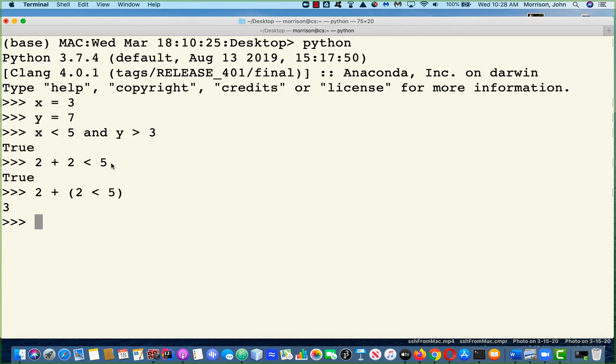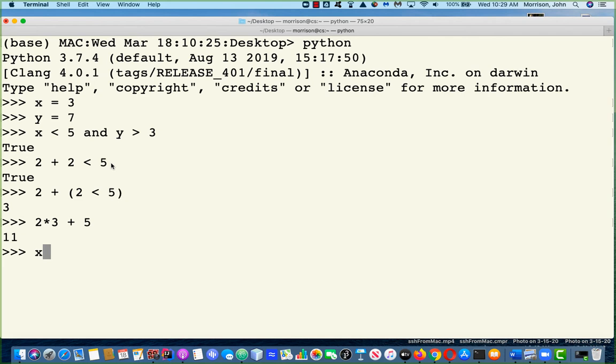Now when you do operations such as addition and multiplication like this, 2 times 3 plus 5, those operations associate from left to right. Now I'm about to show you an operator that associates from right to left, and that is assignment. Anytime you do an assignment.